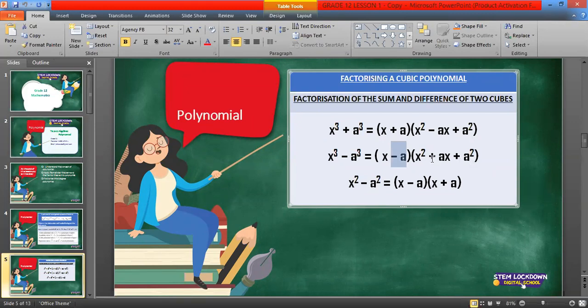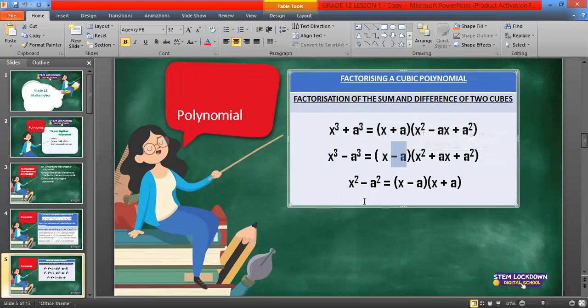Now to get the middle term, you multiply x times minus a, and that will give you minus ax. So minus ax times -1 will give you positive ax. You always multiply by -1 to give you this middle term. And that's how we do cubes.